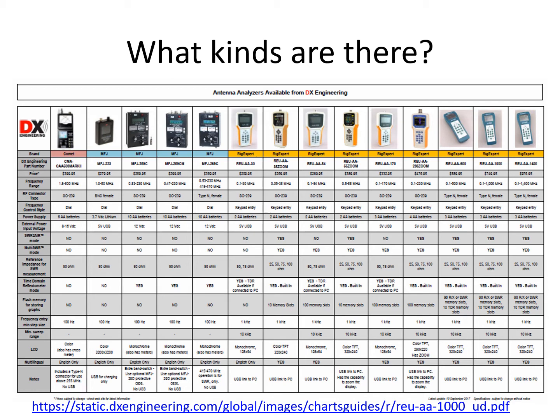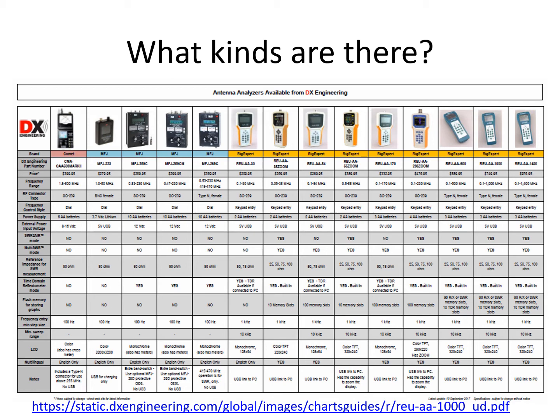Then here's a line of MFJ analyzers, and they have a configuration where they have an SWR meter and either a power or an impedance meter that you can read as you adjust the frequency, and also a digital display that'll show you that same relevant information in digital format.